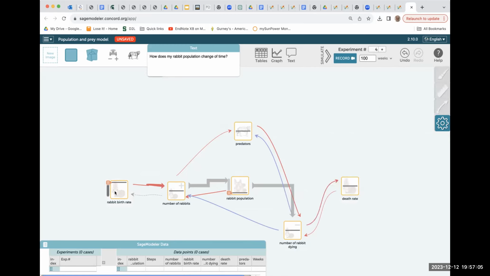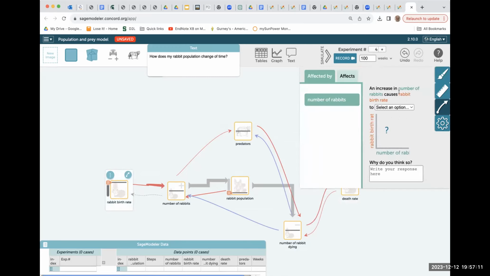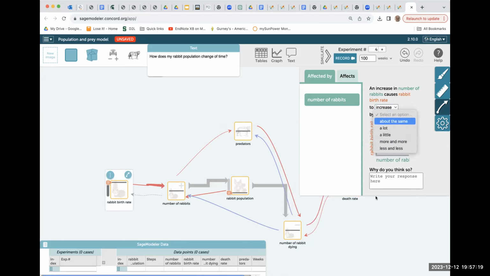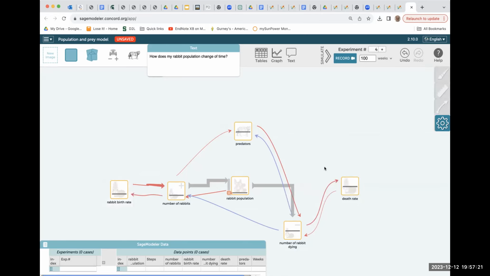And I could do the same thing here: an increase in the number of rabbits causes the rabbit birth rate to increase, about the same. Again, I don't know if that's going to make a difference in my model.